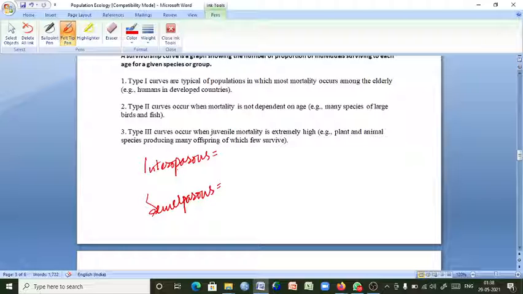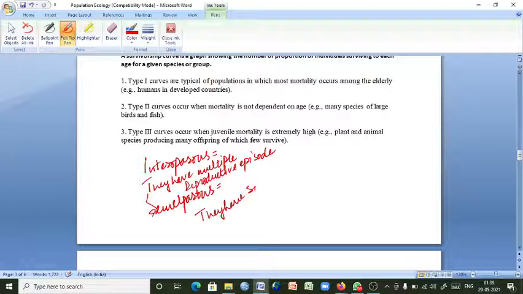In the case of iteroparous, which is very common for the type 1 curve, they have multiple reproductive episodes in their life. And in semelparous, they have a single reproductive episode.